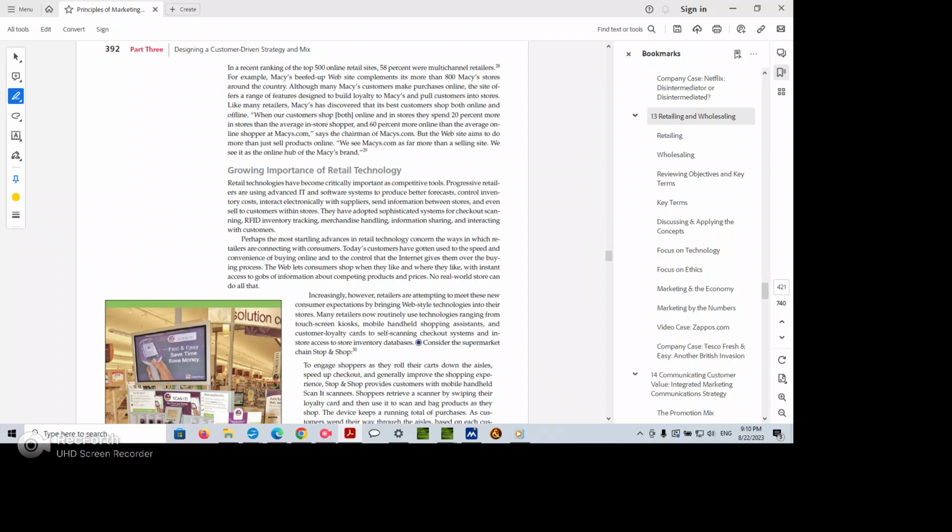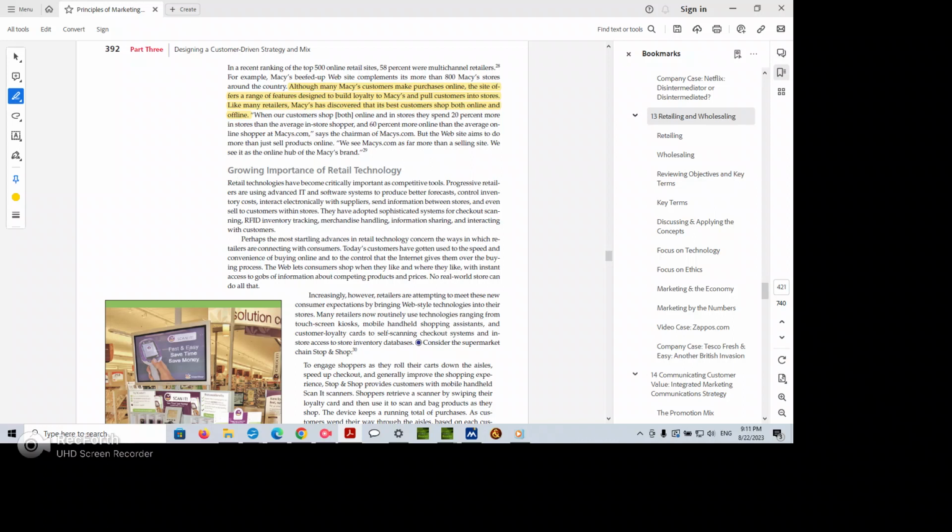In a recent study of the top 500 online retail sites, 58% of them were multi-channel retailers. For example, Macy's beefed-up website complements its more than 800 Macy's stores around the country. Although many Macy's customers make purchases online, the site and its range of features are designed for brand loyalty and to pull customers into stores. Like many retailers, Macy's has discovered its best customers shop both online and offline.